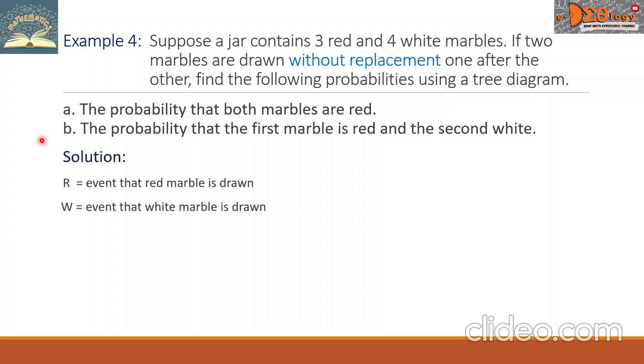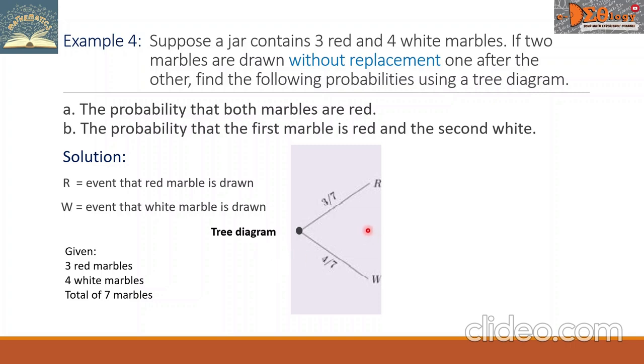First, we set R to be the event that a red marble is drawn. We set W to be the event that a white marble is drawn. In the given, there are 3 red marbles and 4 white marbles, so a total of 7 marbles. Let us now write the tree diagram.